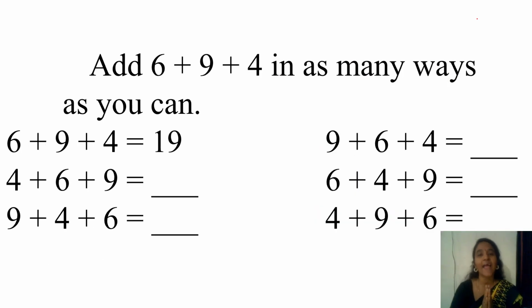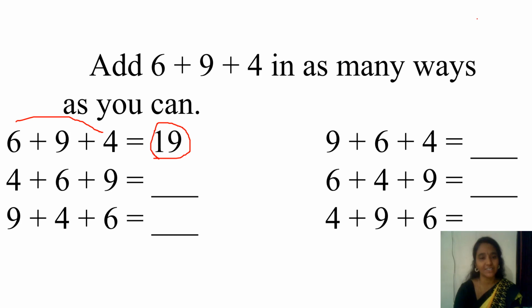See, you can add 6 plus 9 plus 4 in 6 different ways. See, the first one I have added for you. Now, the friend of 6 is 4. So 10 plus 9 is 19, which I already gave you. Now you have to check the answer for all the remaining 5. You can add it in any way.